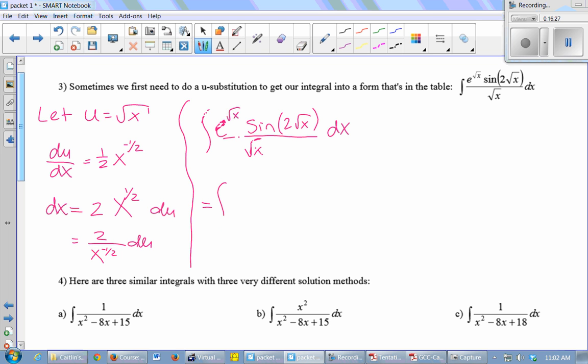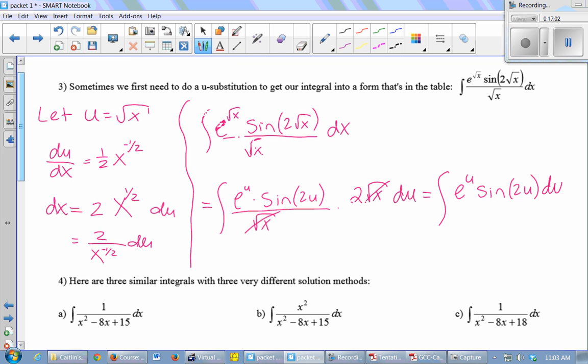So this becomes the integral of e to the u times the sine of 2u over the square root of x, times dx, which is 2 square roots of x. But it's going to cancel anyway. I could write these as u's or square root x's; either way, they're going to cancel with each other. So this is the integral of e to the u sine 2u du.